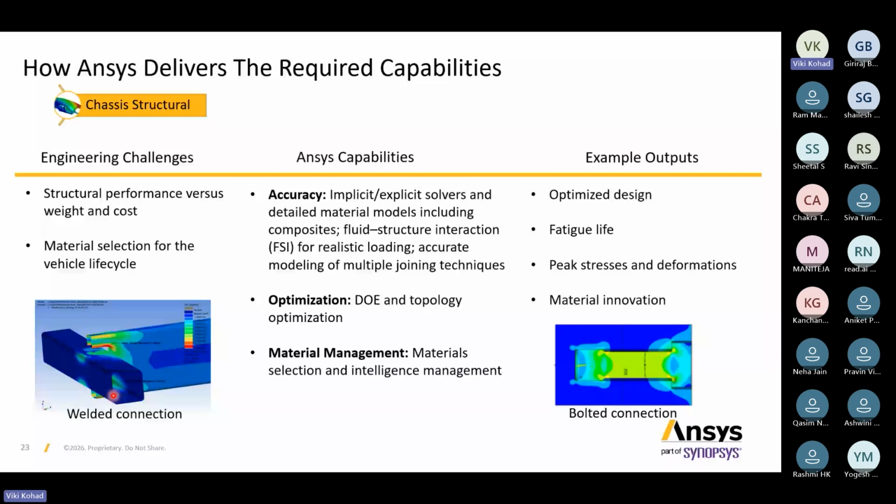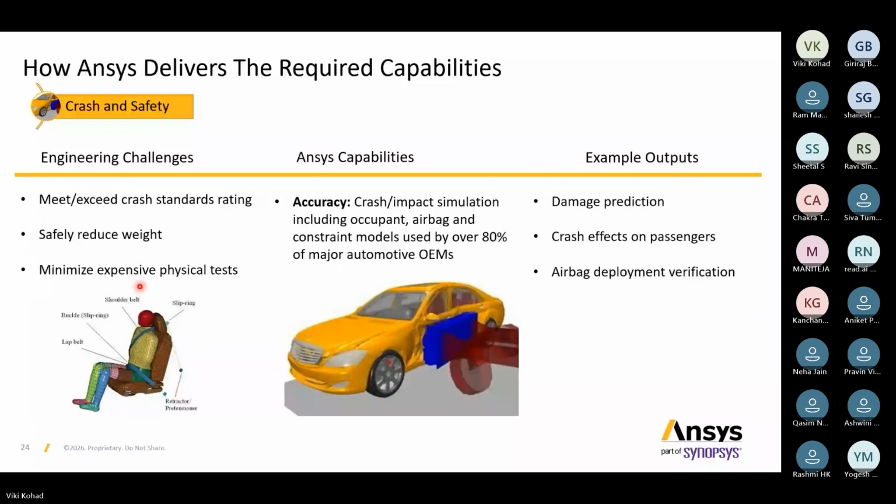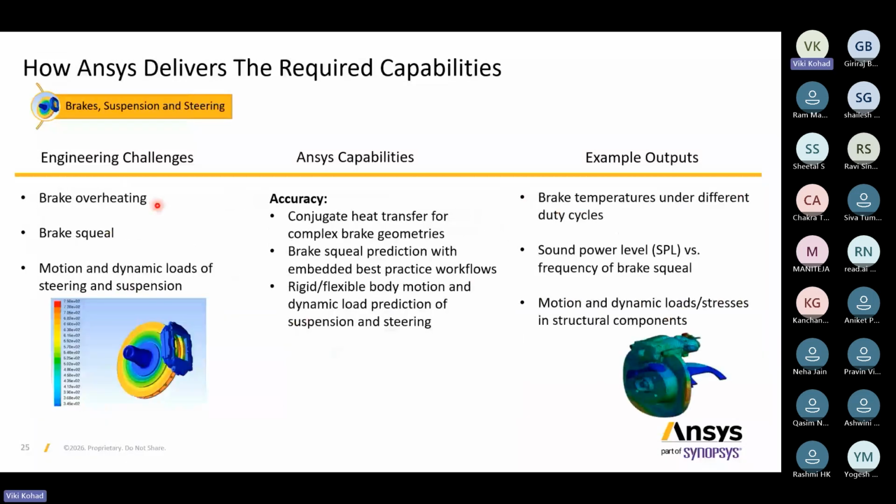Then the crash and safety parameters again, brake and suspension parts. In the brake part you have to check how much brake disc you need. In the brake disc, like in a bike, you can see that holes are there. Whenever we start to design that particular brake disc, it is like a solid part only.